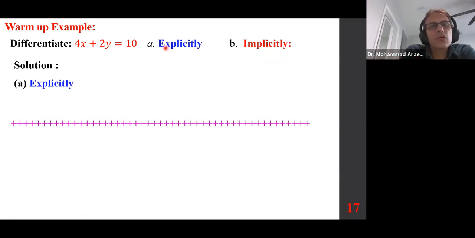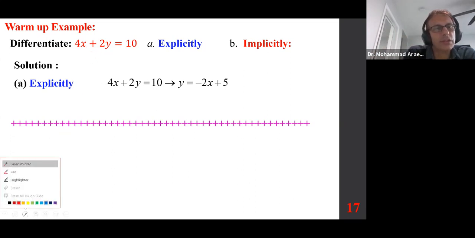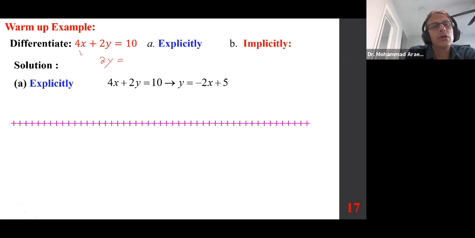The explicit format requires solving for y, and in order to do that, we take the following steps. So let me just show you the intermediate step. We move the 4x, so this becomes 2y equals minus 4x plus 10.